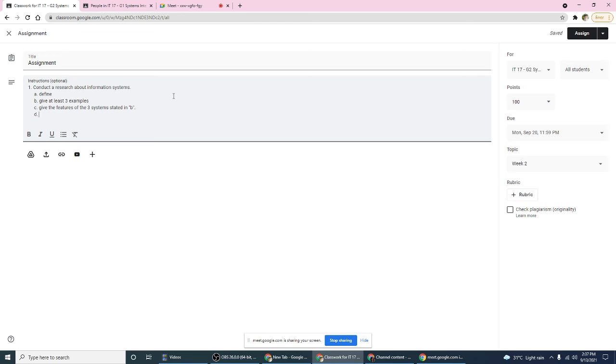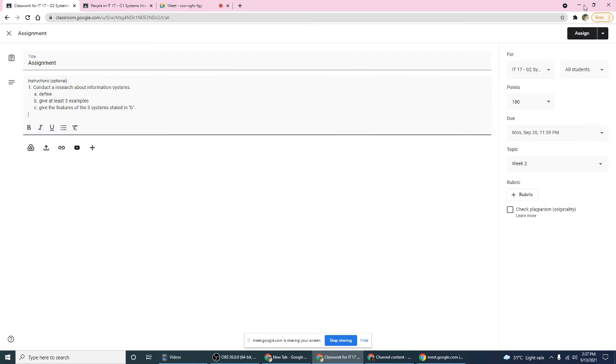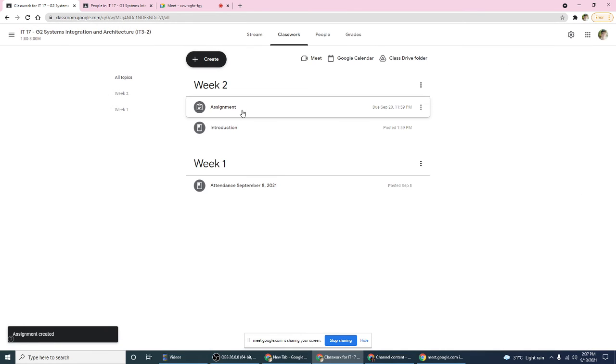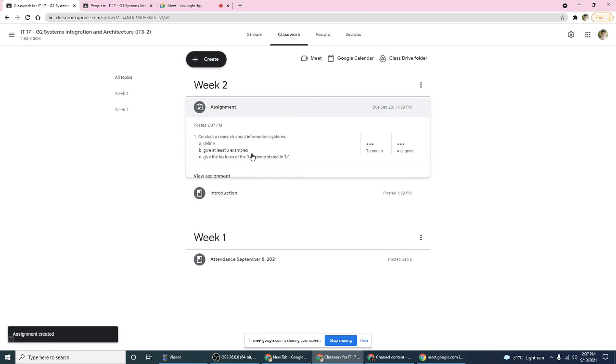B, give at least 3 examples. Number C, give features of the system. Sige, tatlo muna. Okay. So, example lang. I'll give you an example. I want you to conduct a research about information system.